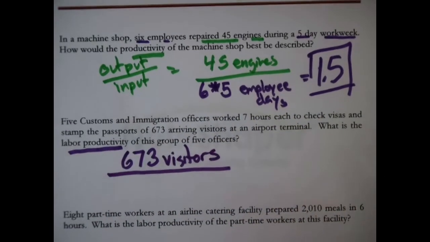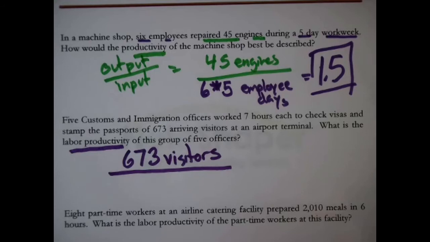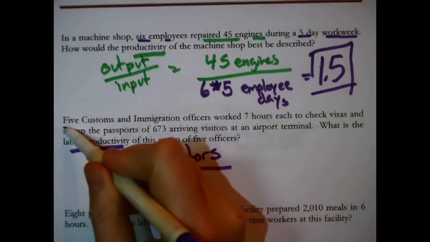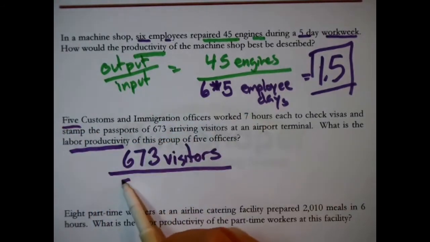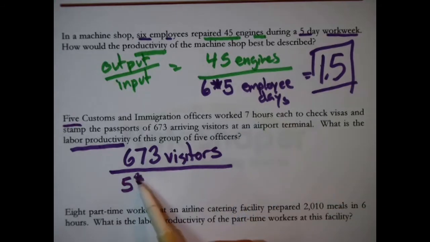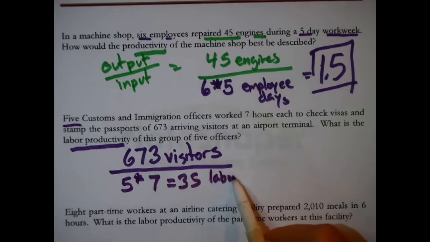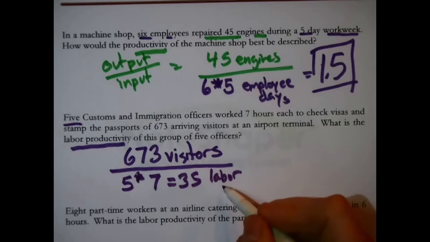Look for how much labor, right, to process 673 visitors at the airport terminal. It's 5, that does matter, officers, and they worked 7 hours each. So that is 35 labor hours.